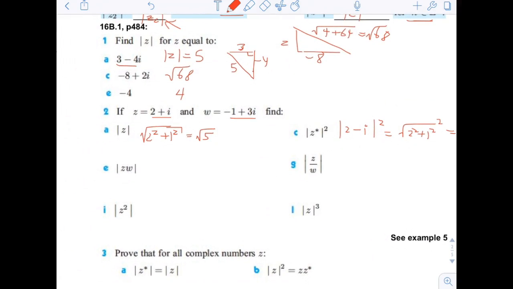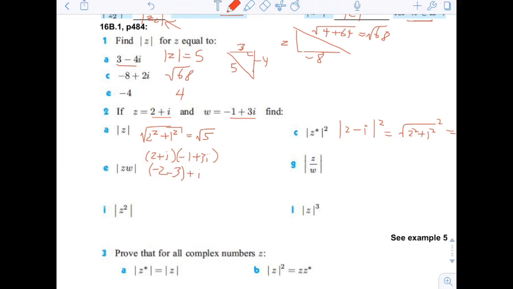What about part e? The modulus of z multiplied by w. So that would be 2 plus i times negative 1 plus 3i, and that would be equal to negative 2, and negative 3 would be the real part, because 3i times i is 3 times negative 1, which is negative 3.